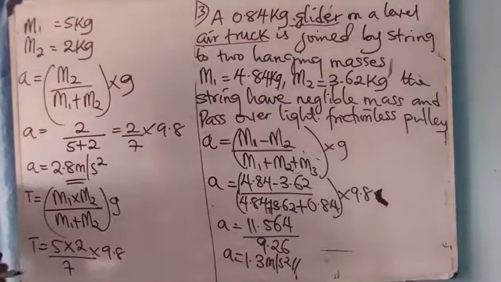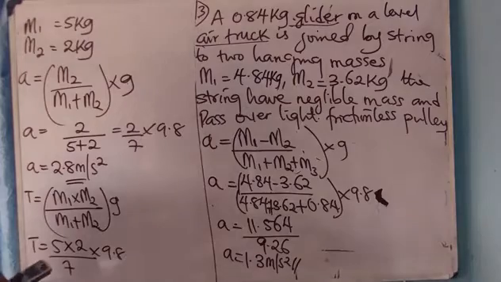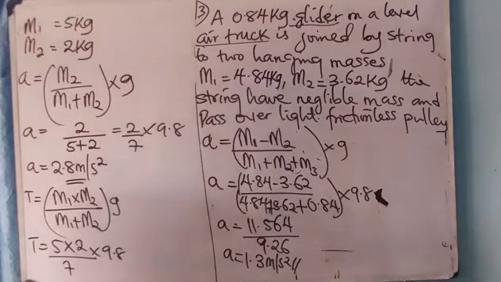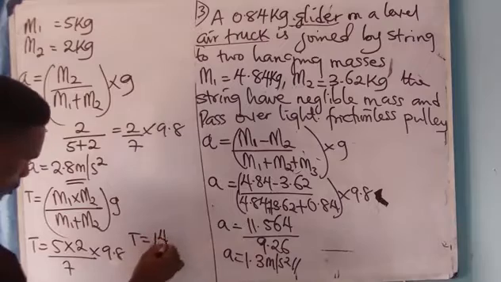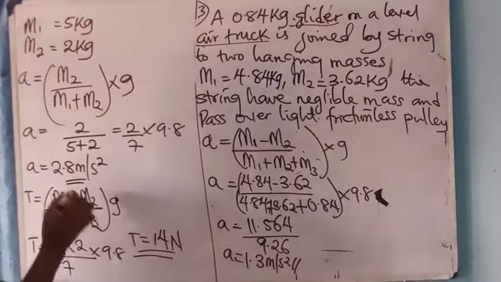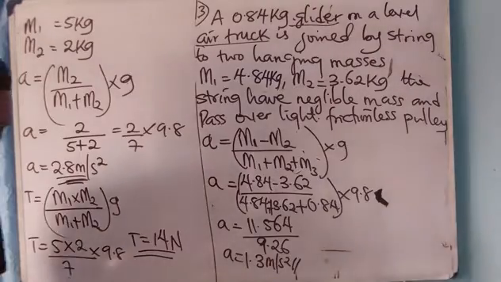So this times this is 10. So 10 times 9.8 is 98. So 98 divided by 7, I'll have 14. So tension now equals 14 Newton. This is the tension and this is the acceleration. So just follow it step by step, you understand it better.